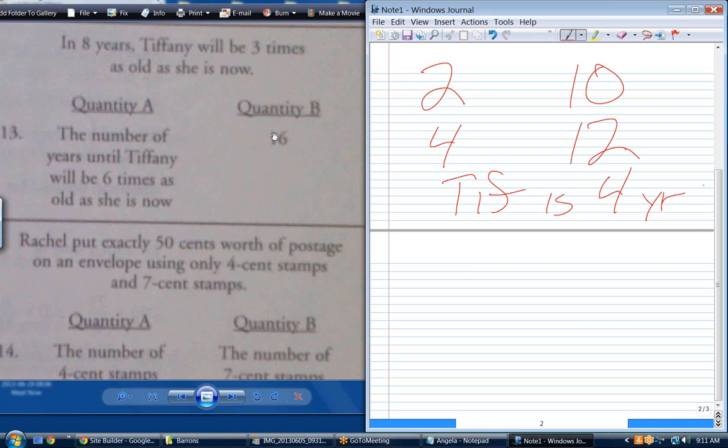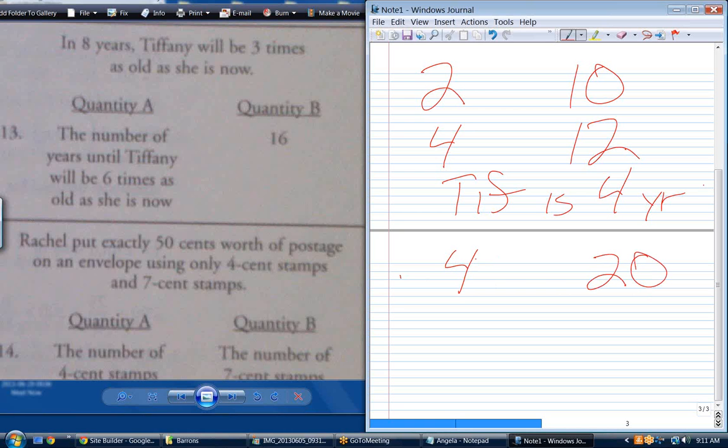In other words, we're trying to figure out whether this number here is less than 16, equal to 16, or greater than 16. So the first one we'll try is 16. Maybe it's exactly equal. If she's 4 years old now, in 16 years she'll be 20 years old, but that's only 5 times older than she is now.